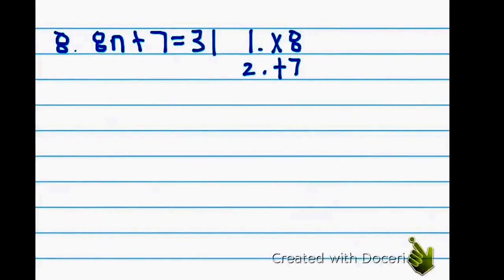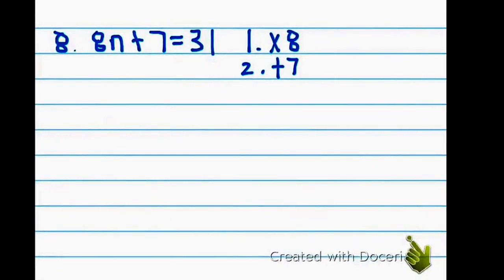When you're solving it, you go from the bottom step to the one on top. So we're starting from step number 2. So instead of adding by 7, we subtract by 7. So you bring the other stuff down. 8n equals 24.